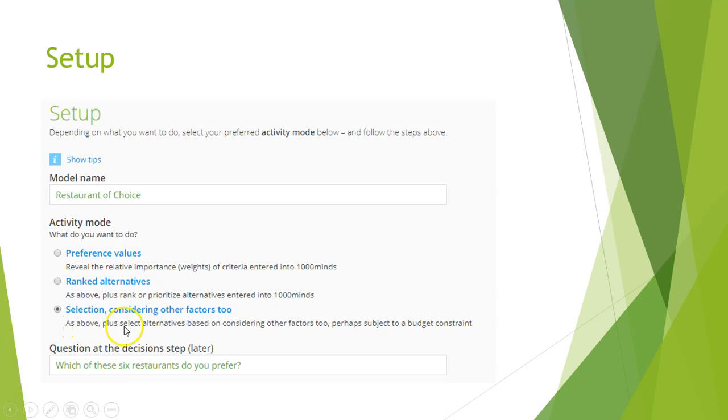Instead, I wanted to be able to add in other factors as well, which is why I chose the selection activity mode for things such as gluten-free options and other factors. So the question at the decision step, which is essentially the question that I answered throughout the 1000 Minds software, is which of these 6 restaurants do you prefer?